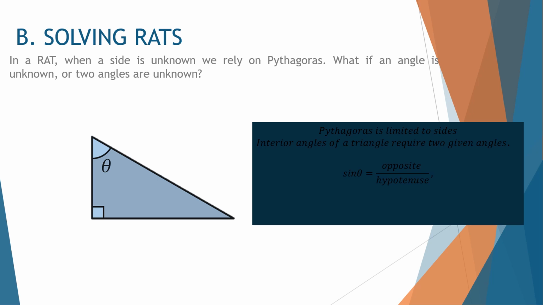But when we look at sine theta, which we know is equal to opposite over hypotenuse, we can see that we have one angle, our theta, and we have two sides, the opposite side and the hypotenuse. And so our trig ratios really open up the possibility of us finding angles and sides should we be required to find them.